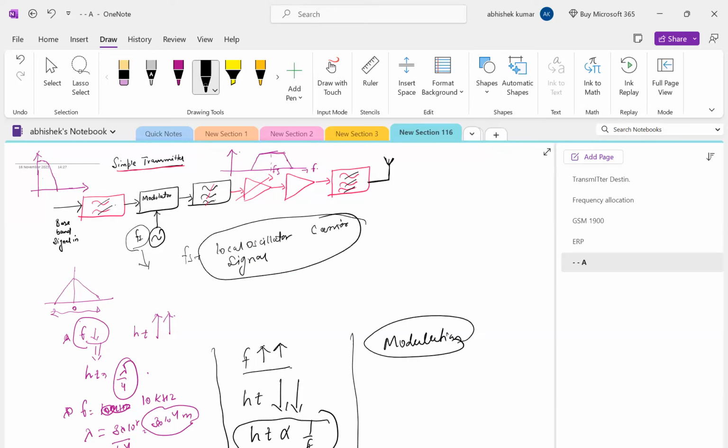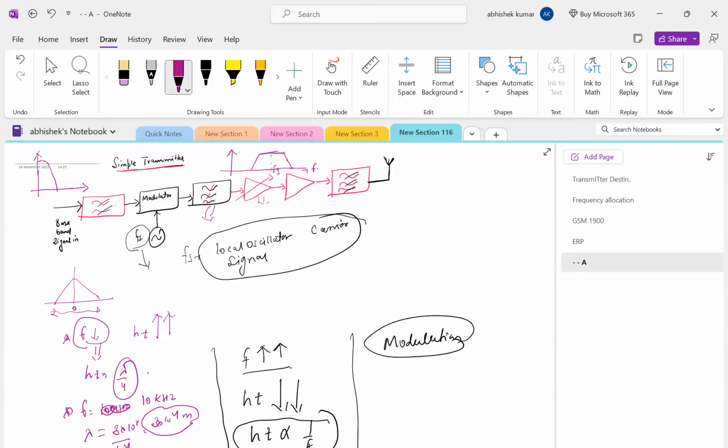We modulate the signal using FS, so the low frequency components are modulated. In this way the modulation happens, and these are the amplifiers that boost the signal level. In this way, communication happens.